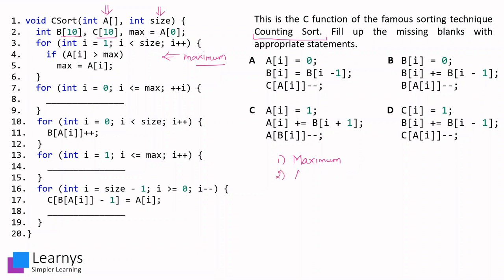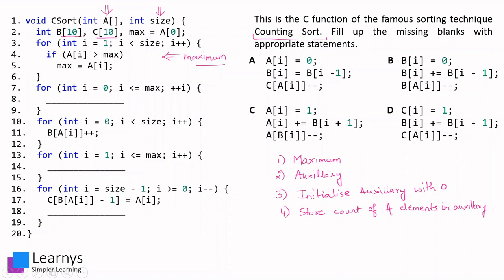The second step is to take an auxiliary array of the size maximum. The third step is to initialize the auxiliary array with 0. Then we store the count of every element of array A in the auxiliary array B. Just like we are doing here in line number 11. Now this line number 11 tells you that B is your auxiliary array out of B and C. So I can say that in line number 8, there will be only an initialization process going on where B of i will be equal to 0.